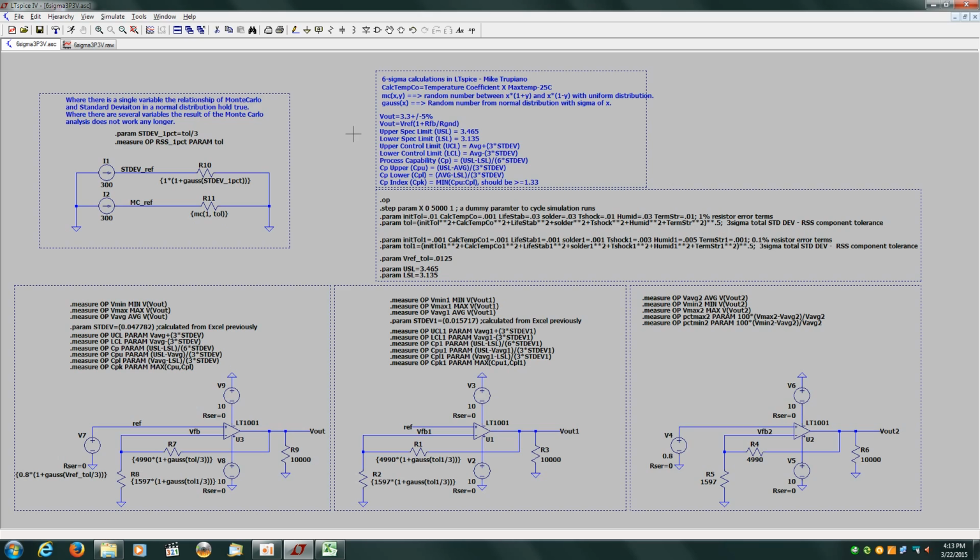And what I didn't find in LTSpice was a way to calculate the standard deviation of the population generated when you run this simulation.